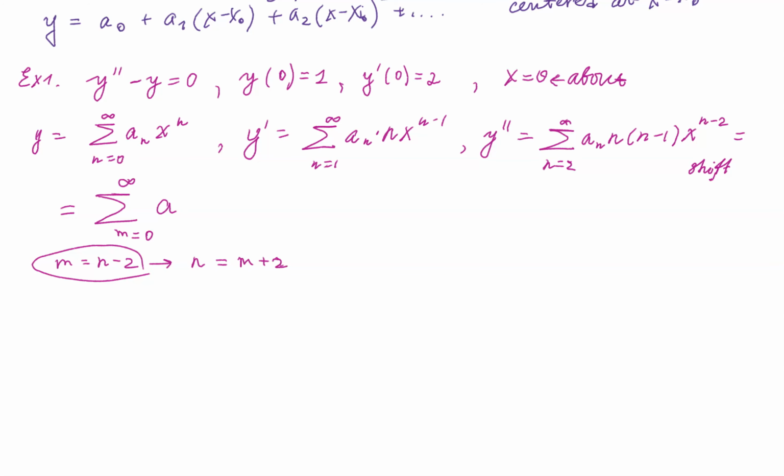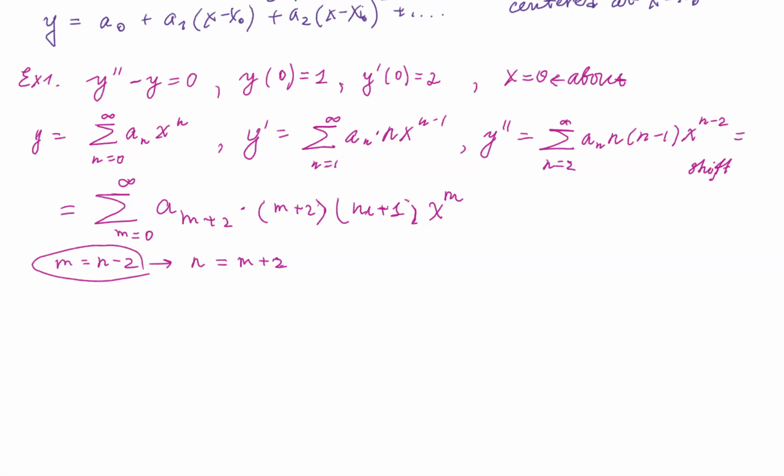So I'm going to put actually here m plus 2, the index, right? And m plus 2 instead of n over here. And if I subtract, m plus 2 minus 1, I'm going to get m plus 1. And my exponent over here at x, instead of n minus 2, is going to become just m, because m is exactly n minus 2, right?